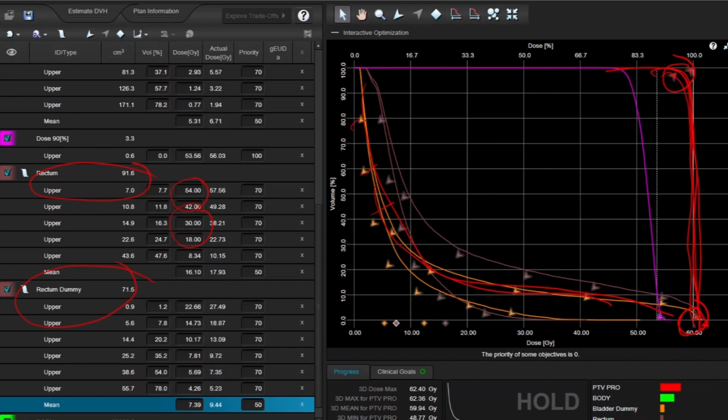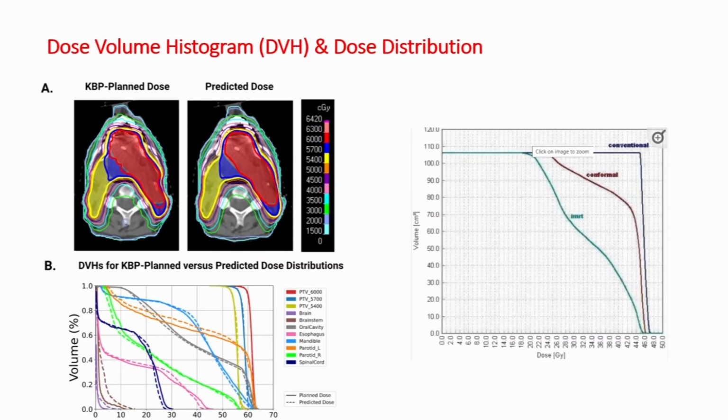All this calculation and optimization is performed in the background by iterative methods by the optimization algorithm. Once the optimization is completed, you need to perform a dose calculation.